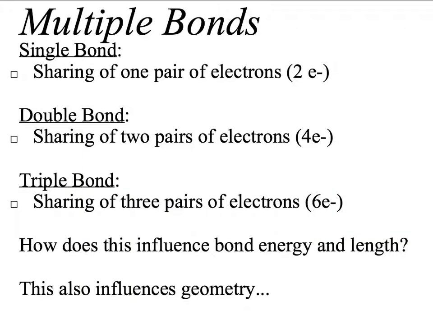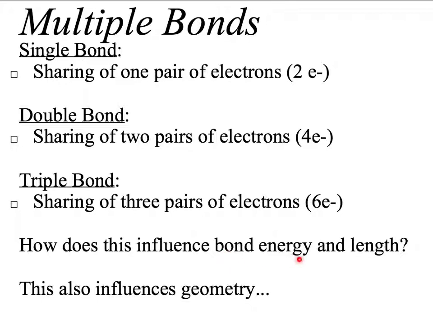All right, so we can have multiple bonds that we just saw in those Lewis structures, and in a very simple form, and we'll get into more detail later, a single bond is the sharing of one pair of electrons, a double bond is 2 pairs, 4 electrons, and a triple bond is 3 pairs or 6 electrons. How does this influence the bond energy and length?